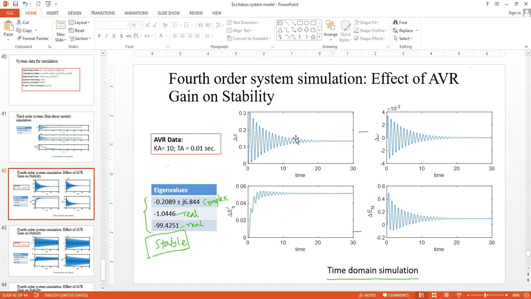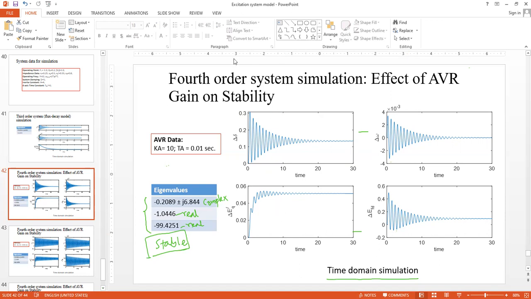So it is stable, and again del omega has very small oscillation, in the order of 10 to the power minus 3. Again, it is settling down to 0, which means there is no del omega in the steady state. Del Eq dash is now going in the positive direction, but again it is getting settled down, and this is the new state variable, delta EFD, and again this is stable because it is settling to some equilibrium value.